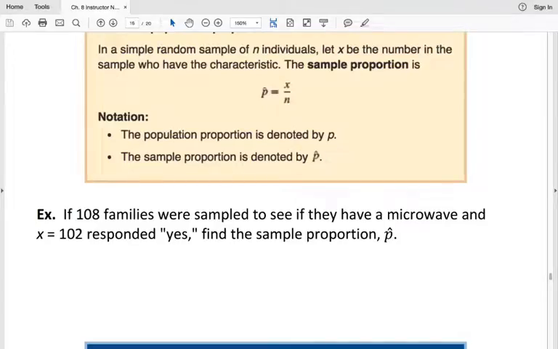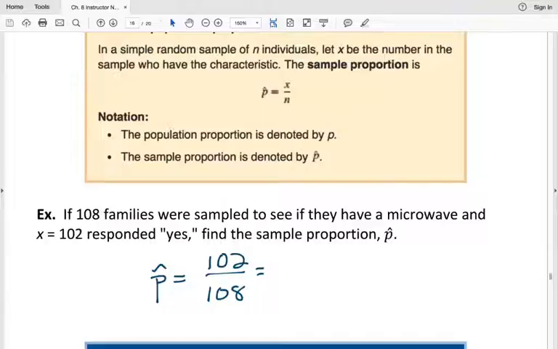Now, for just a very simple example of using this idea, if we had 108 families who were sampled to see if they had a microwave, and 102 responded yes, we're asked to find the sample proportion here. And so, simply enough, to find p hat we would write this as 102 out of 108.